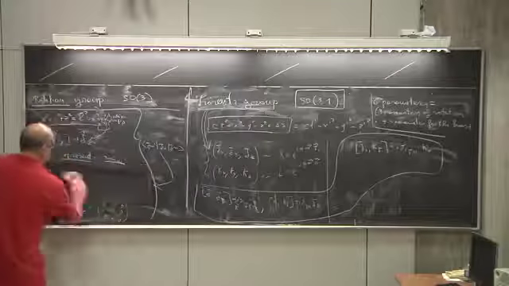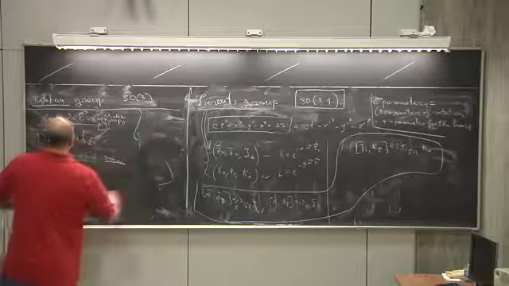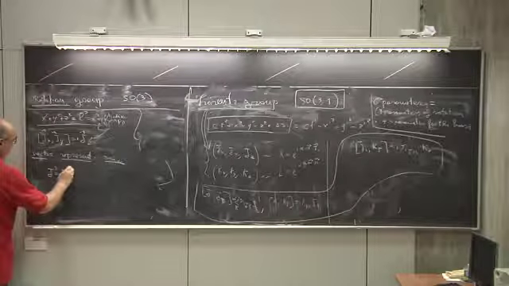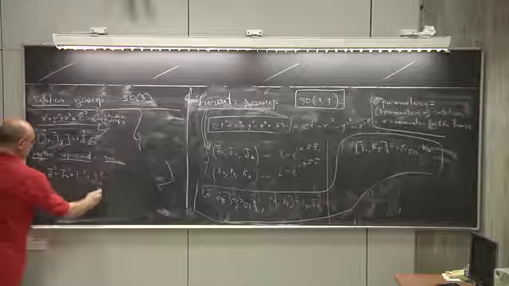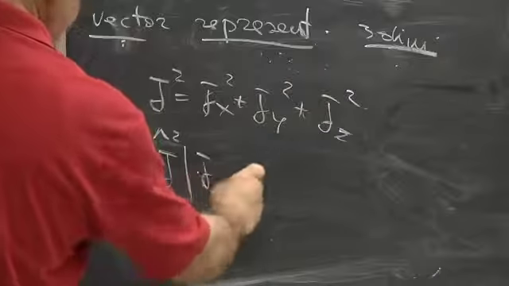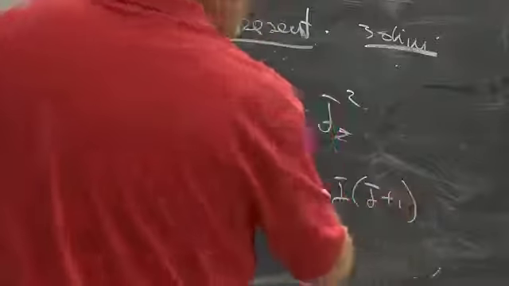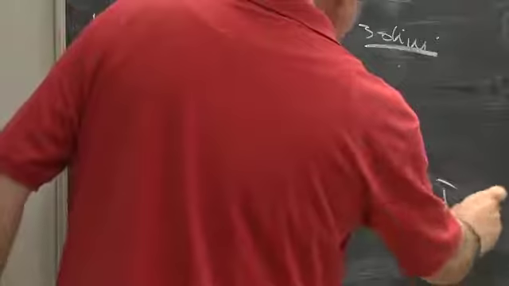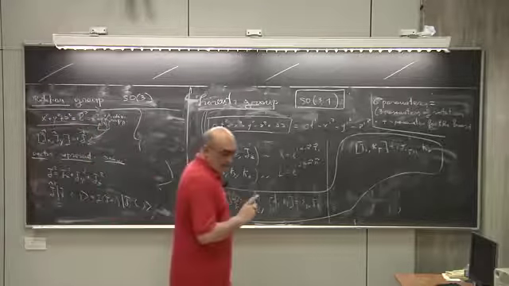Now, the Casimir here is J square, and then I diagonalize this. There is h bar square, but I put it to 1. h bar can be 1.